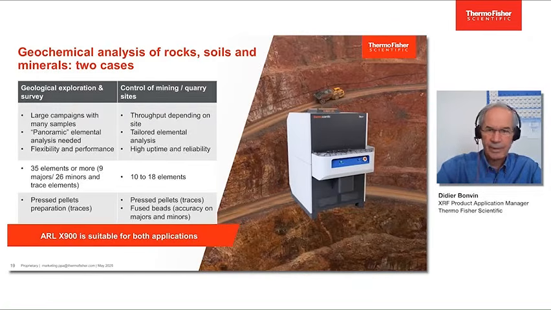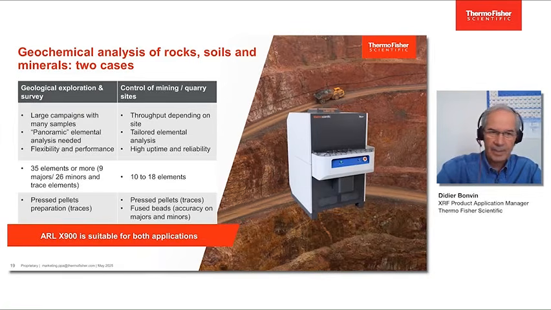So now in the case of geochemical analysis, we can talk about two different cases. The first one is geological exploration. Typical geological surveys are large campaigns where many samples are collected and sent to a main laboratory that is going to measure and analyze these various samples.